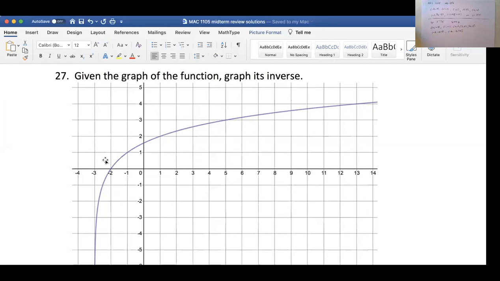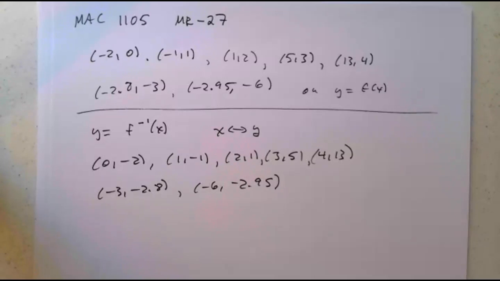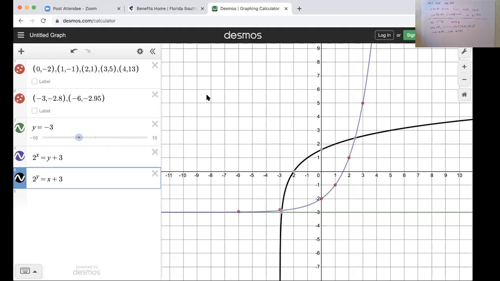This was our original function through -2, 0, 1, 2, etc. So this black function is the original function. We listed all those points. Then we created these red points by switching the x and y's that you had given me. And then we have constructed the graph of this purple function, which is the graph of y equals f inverse of x.